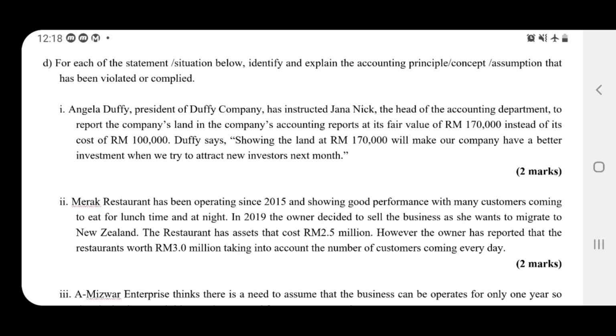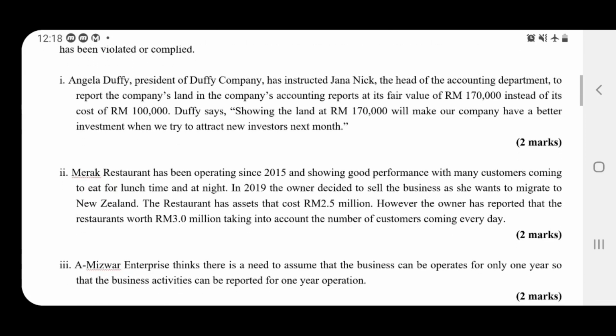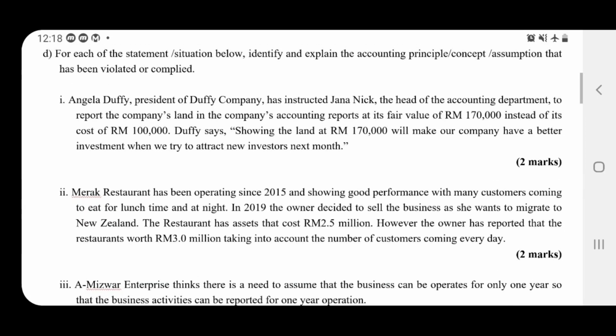The principles, assumptions and concepts are things like historical cost. What else? Another one is going concern, monetary measurement, materiality, some things like that. I have covered that in the lecture.